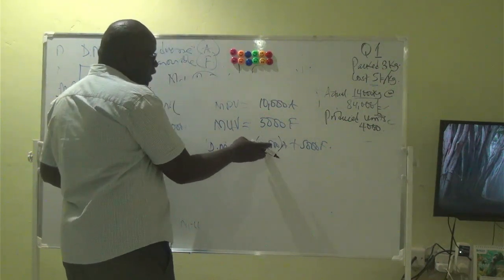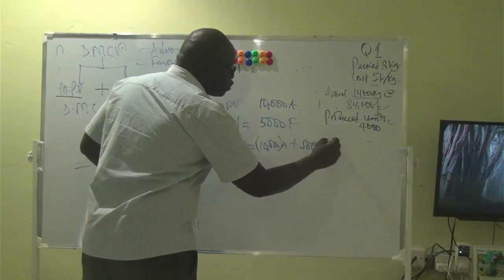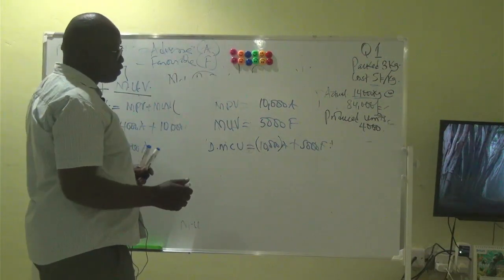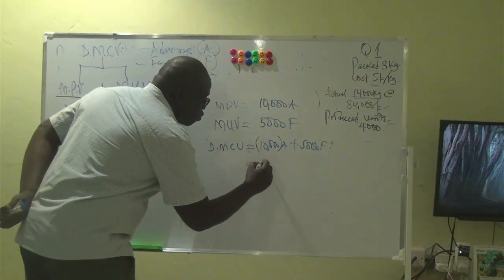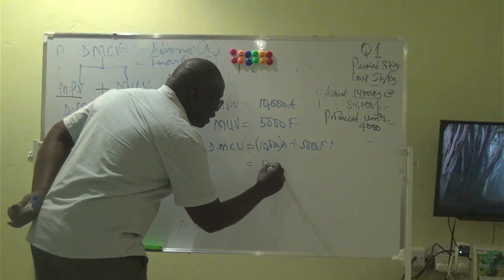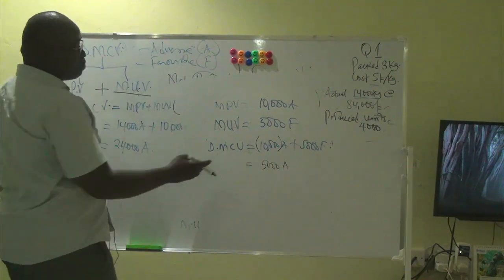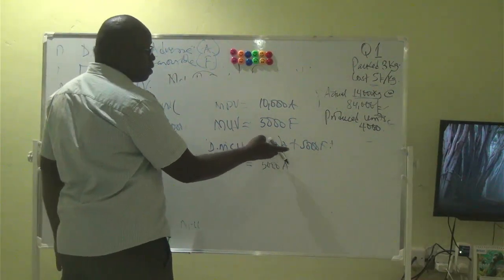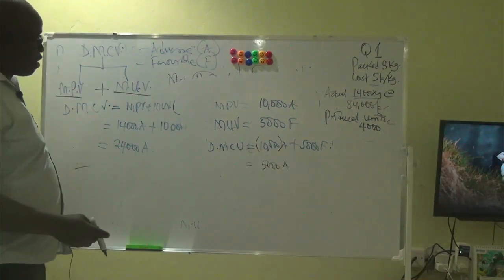So we are adding a negative, which is adverse, with a favorable, which is positive. Favorable is positive. So that means our direct material cost variance would be 5,000 adverse. That means we have a negative 10 plus a positive 5, that gives us a negative, adverse.